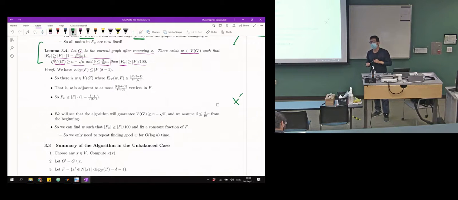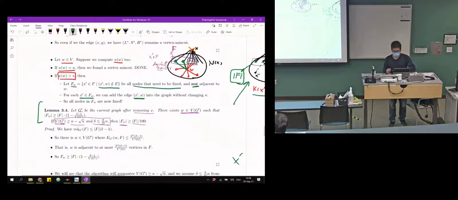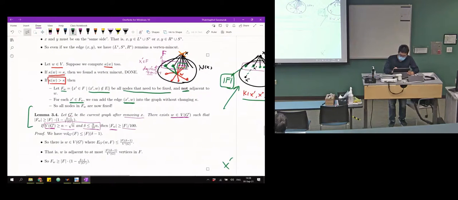So what if there is another non-neighbor of x that makes the min cut of x and x prime not kappa, but we just found a particular non-neighbor? Note that all we want to do here is not about removing x, all right? What we want to do here is just to fix the degree of this guy, to make the degree become delta.